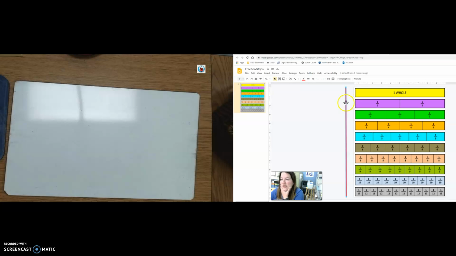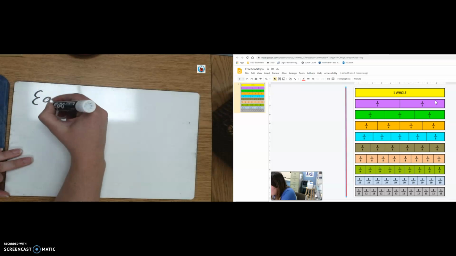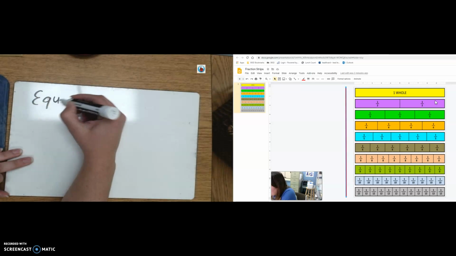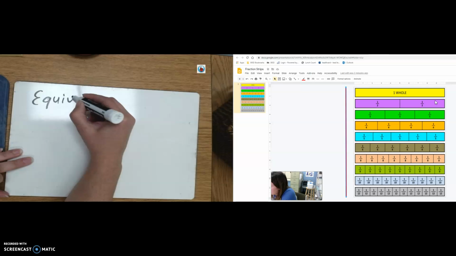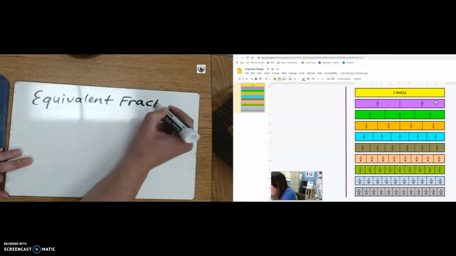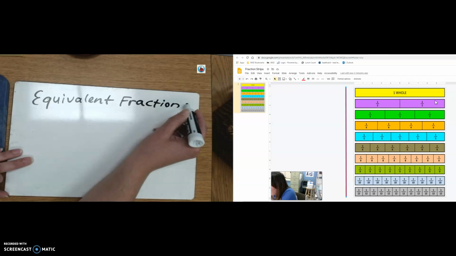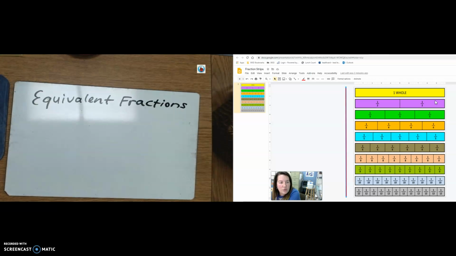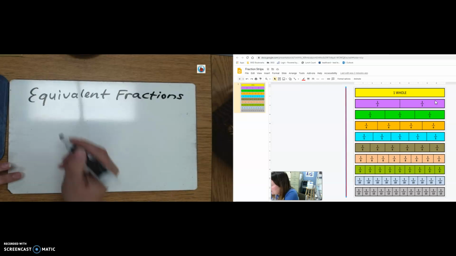We're going to be using this fraction strip diagram to help us understand some equivalent fractions. So equivalent fractions is what we're going to be looking at today. Equivalent fractions. Does anyone remember what equivalent fractions are from maybe 3rd grade, or what that word equivalent means?